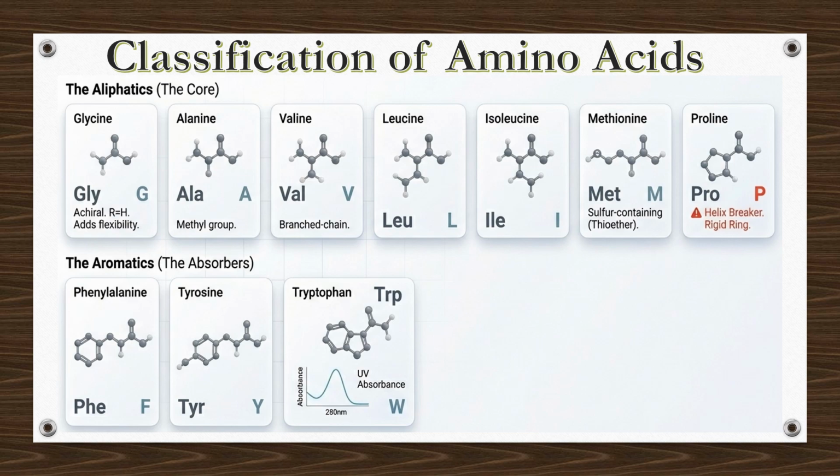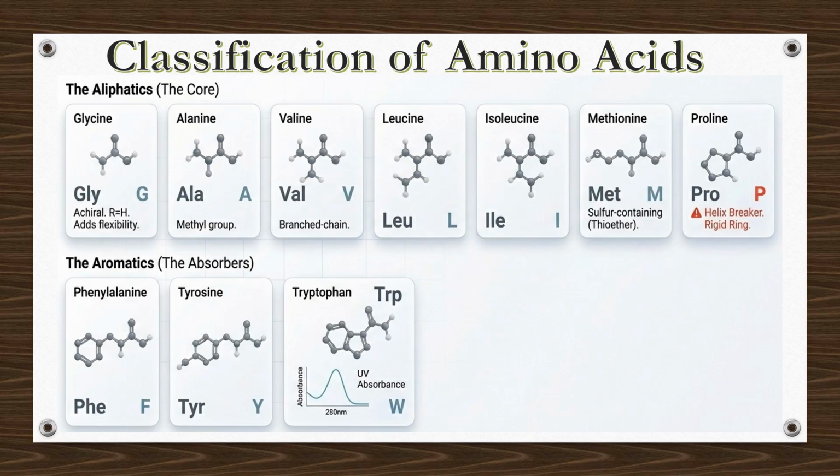The nonpolar aliphatic amino acids have side chains made mostly of carbon and hydrogen, making them hydrophobic. They cluster inside proteins away from water and help stabilize folded structures.